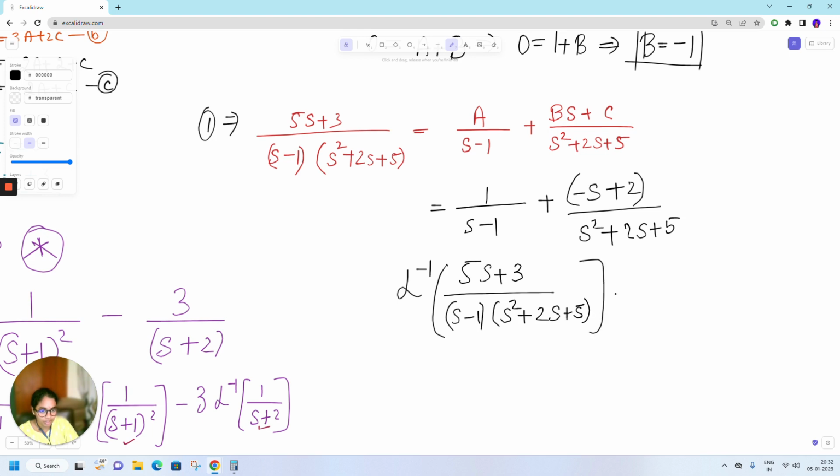This is equal to Laplace inverse of 1 divided by s minus 1. I'll give the Laplace inverse for each term.